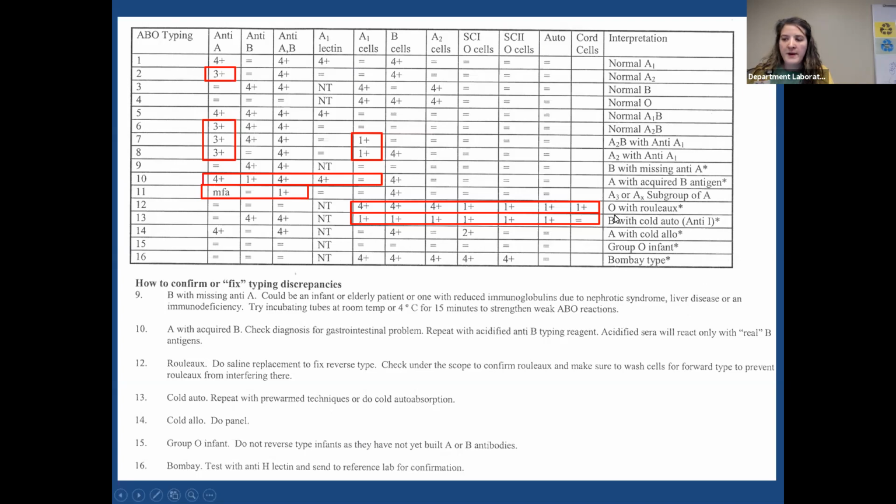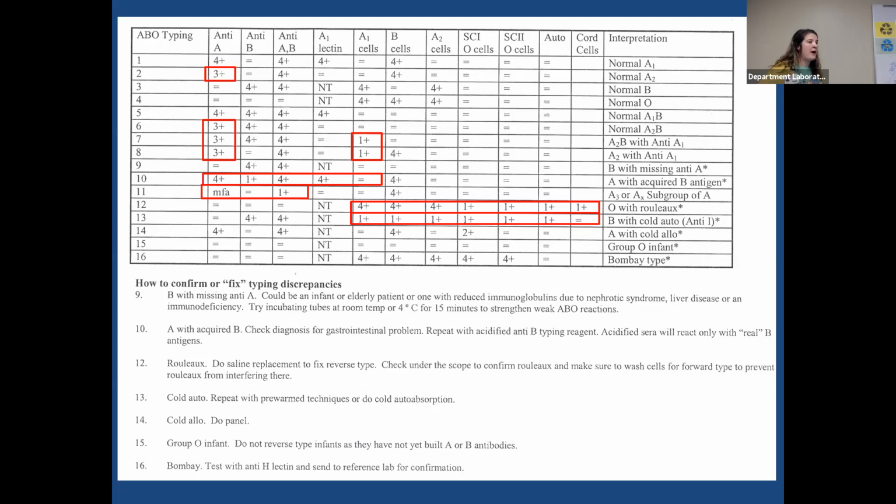Also on here is an O patient with rouleau. So just doing his ABO-RH, since he's an O patient, you wouldn't pick up on that rouleau, all right? We don't see that rouleau until you get to your IAT, where that rouleau is being mistaken for agglutination. It's causing a positive reaction. And remember, the cause of rouleau is the excess protein in your patient's plasma.